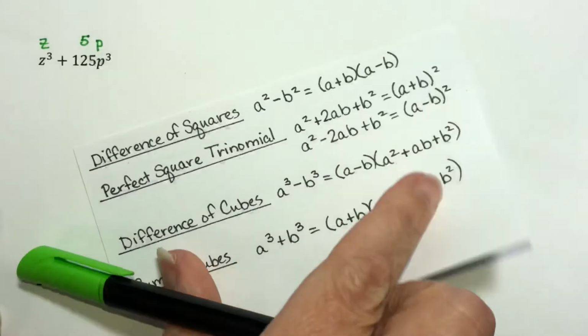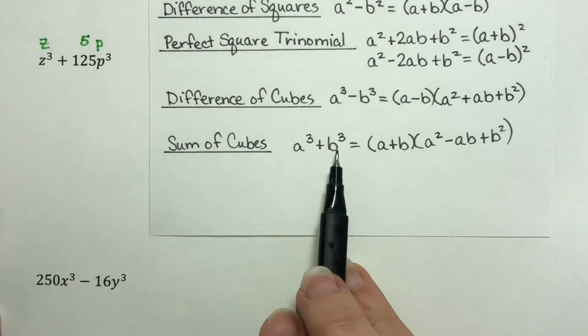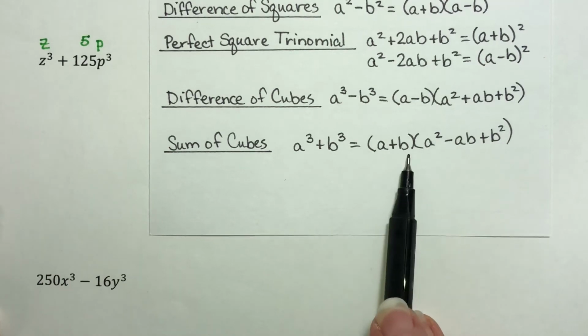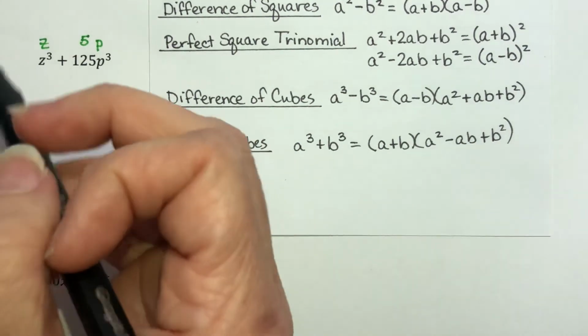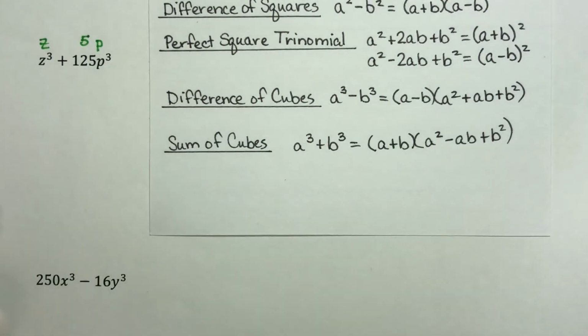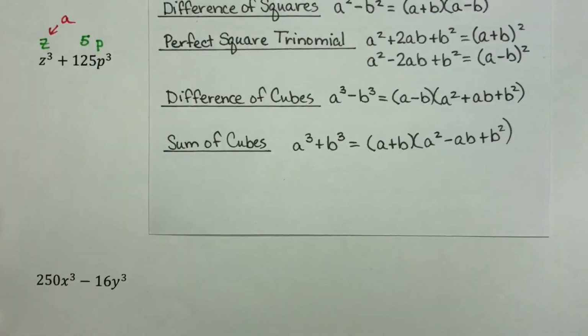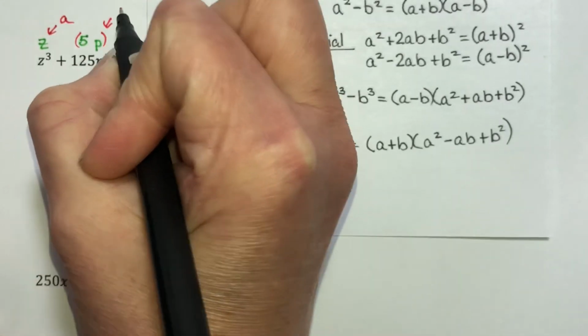All right, so let's look at our formula here. Okay, I have a sum of cubes. I need to figure out what to use for a, and what to use for b, and then I can just plug in everything. Okay, so I am going to use z for my a, and 5p for my b.